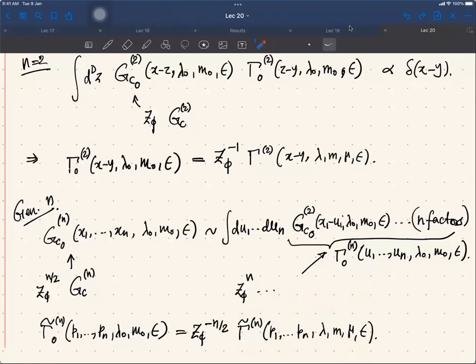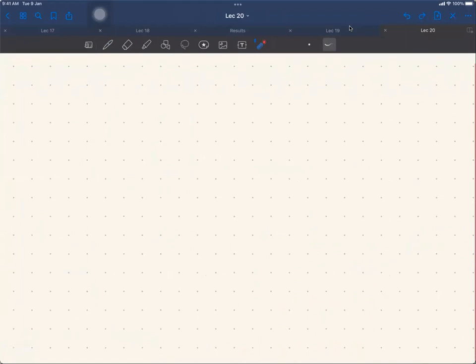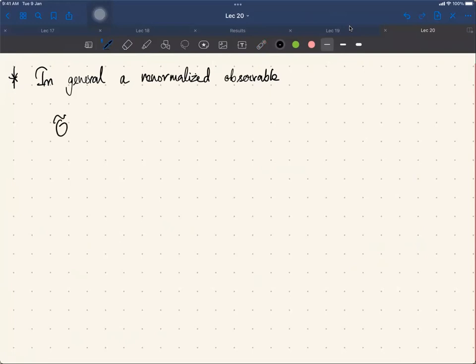Okay. Now, in general, a renormalized observable will be written in terms of all sorts of 1 pi vertices. Say O tilde n.